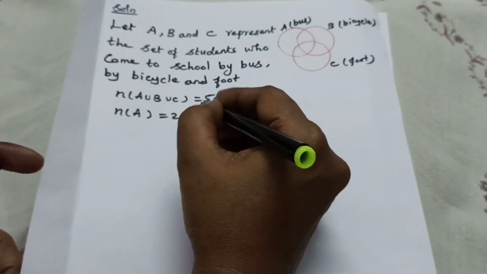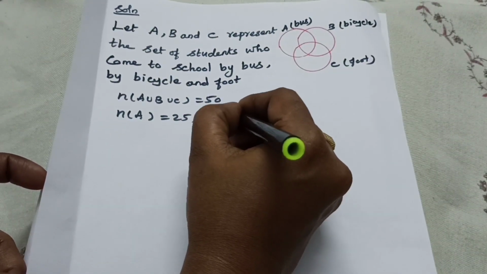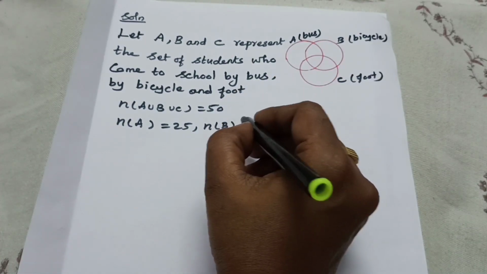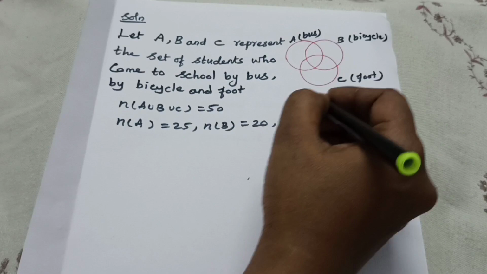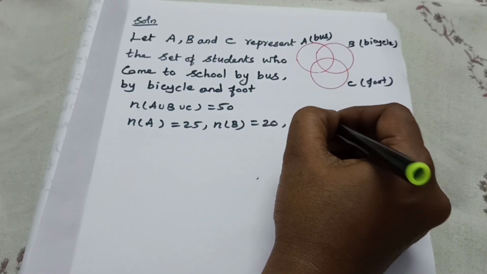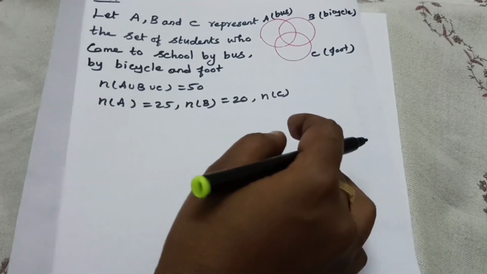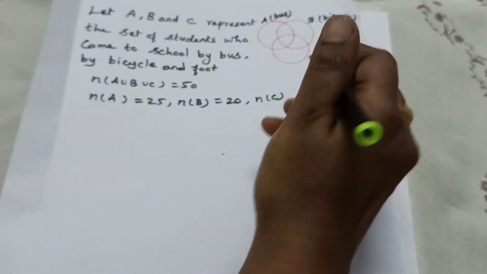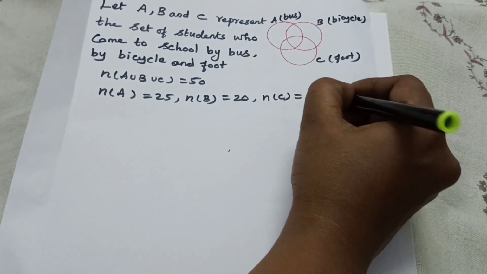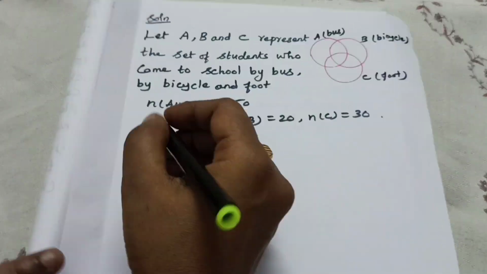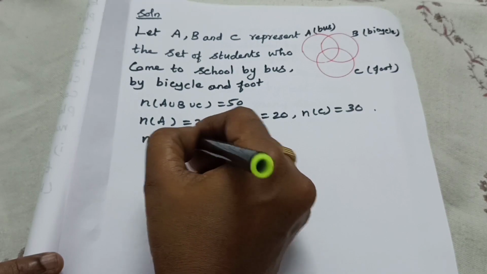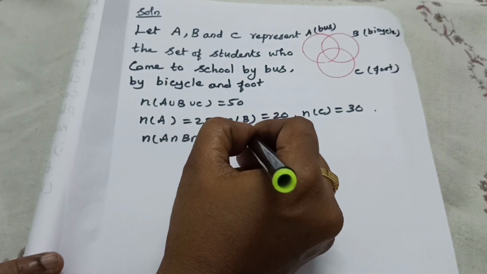N of B, bicycle, is 20. Then N of C, by foot, is 30. Then N of A intersection B intersection C is also given as 10.